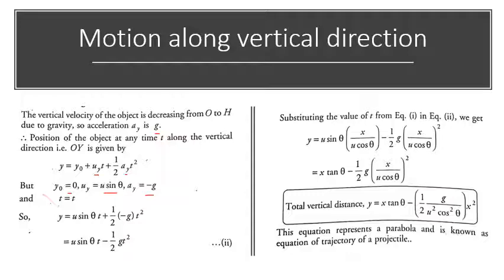So ay equals minus g. Substituting all the values in the equation, you get y equals u sin theta into t plus half minus g t squared, that is, u sin theta t minus half g t squared. Take this equation as number 2.